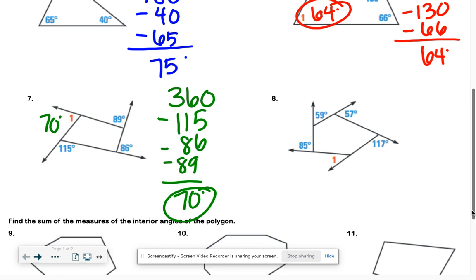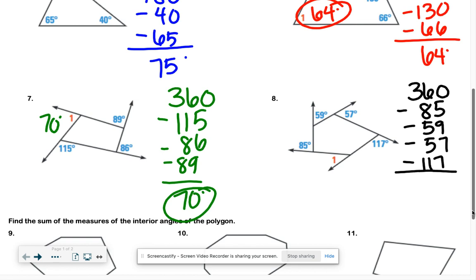Same thing on 8, those are outside angles as well. 42? Okay, super.